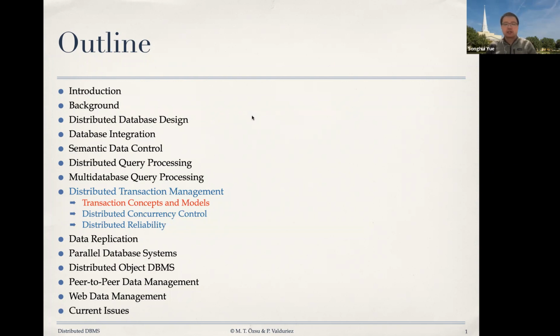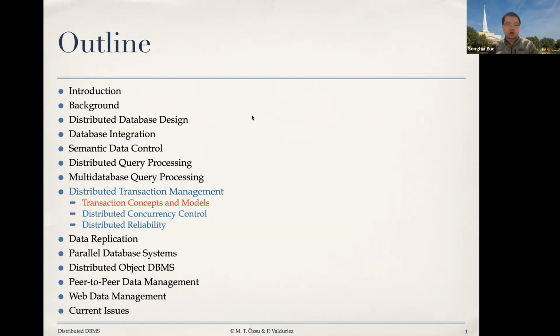Transaction is actually a very important concept for any type of database system. Mostly you should have learned that during the undergraduate database management system courses, where you may learn the basic knowledge about transactions.